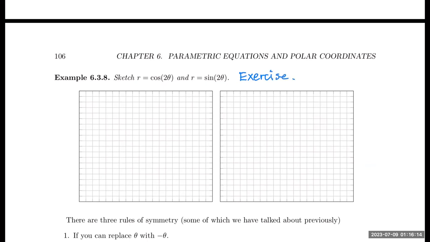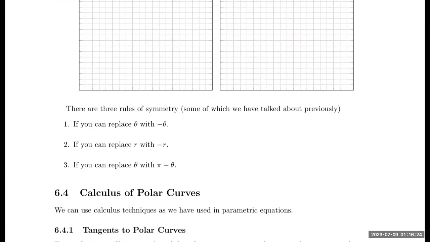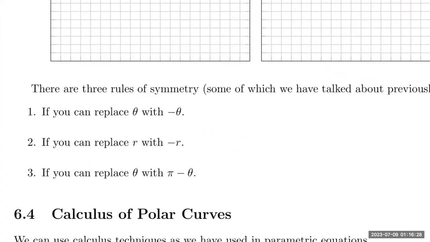Now, there are 3 rules of symmetry, some of which we might have talked about previously. For the first one, let us say we replace theta with negative theta. For example, say we take cos theta, but by the evenness of the cosine function, this is also equal to cosine of negative theta.